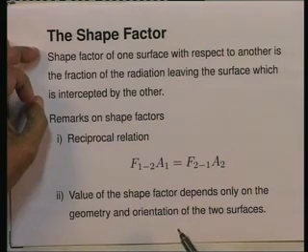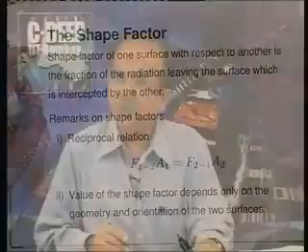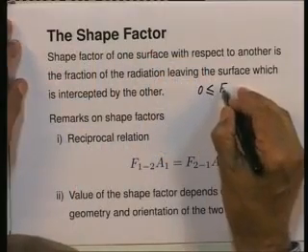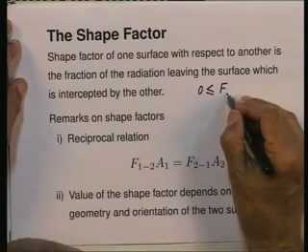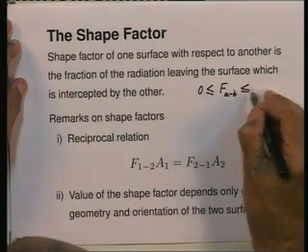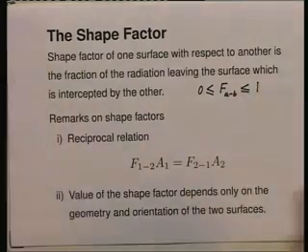By definition, shape factor must be a number between 0 and 1. So, let me write that here. By definition, shape factor F, whatever it be between two surfaces A and B, must be between 0 and 1. Well, it is bounded always by definition.